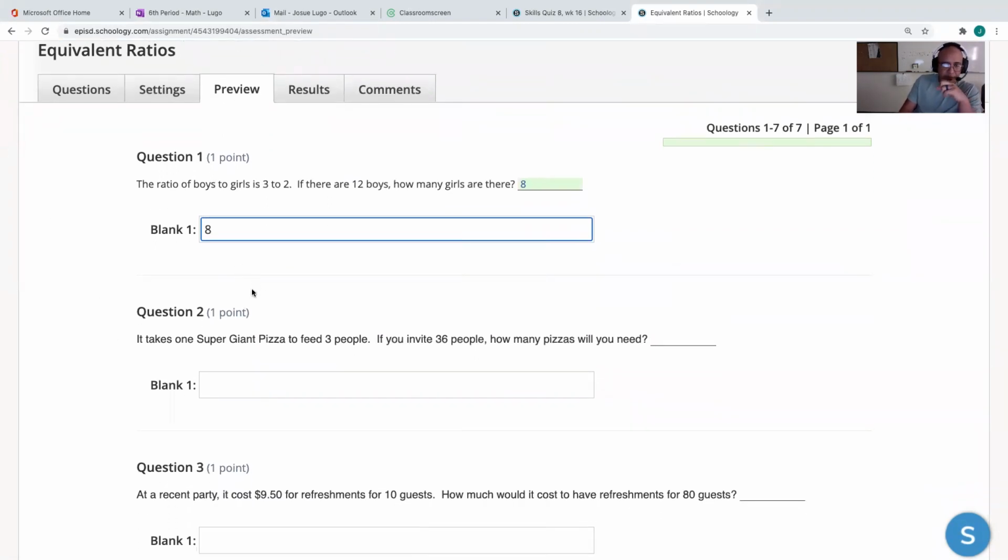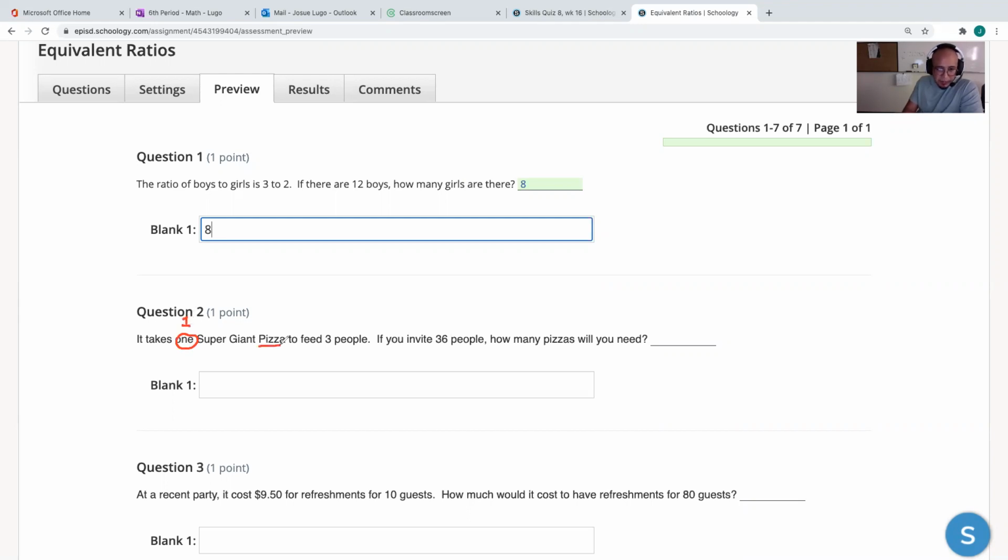All right, we read. Number 2, it takes one supergiant pizza to feed 3 people. If you invite 36 people, how many pizzas do you need? Whenever we can write it on the text, we might as well do it. Okay, so let's write the important information. So we have one, that is one, right?